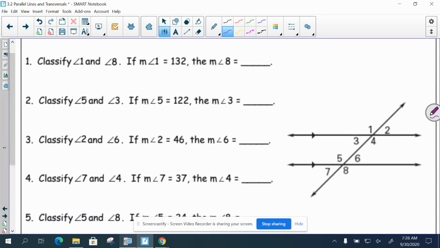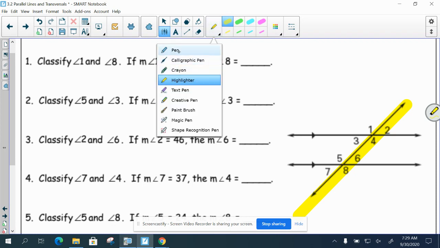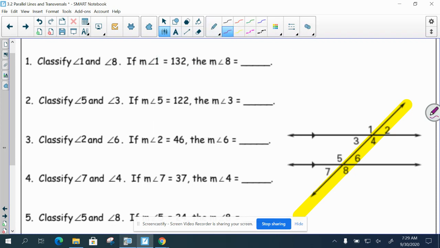So let's classify angles 1 and 8. So 1 and 8 are on the exterior and they're on alternate sides of the transversal. If you want, you can highlight your transversal. I'm going to take a highlighter and highlight the transversal. Okay. So those would be alternate exterior. So if the measure of angle 1 is 132, the measure of angle 8 is also 132.